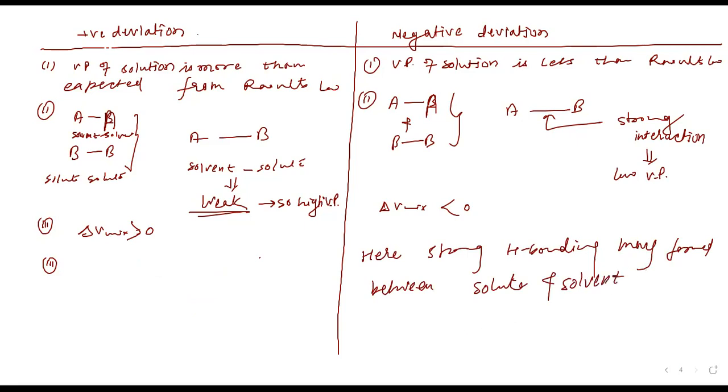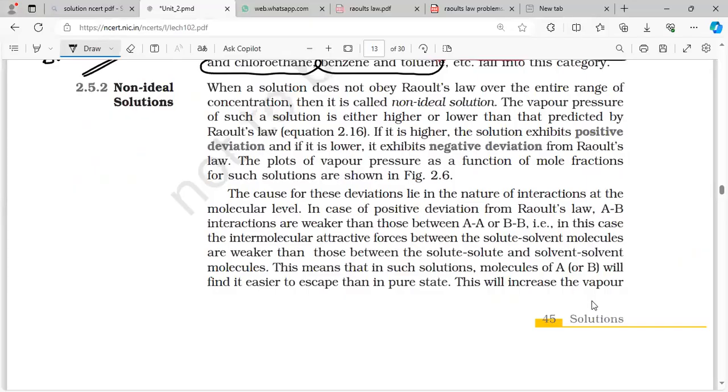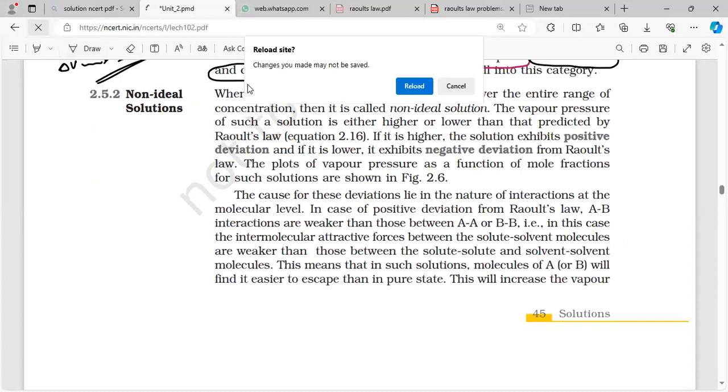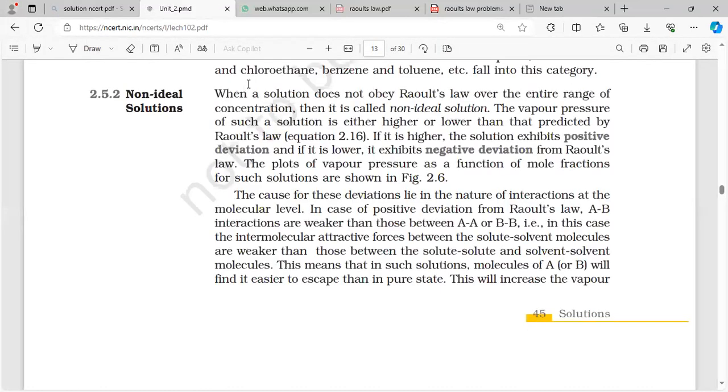So let us read the NCERT for better understanding. When a solution does not obey Raoult's law over the entire range of concentration, then it is called a non-ideal solution.